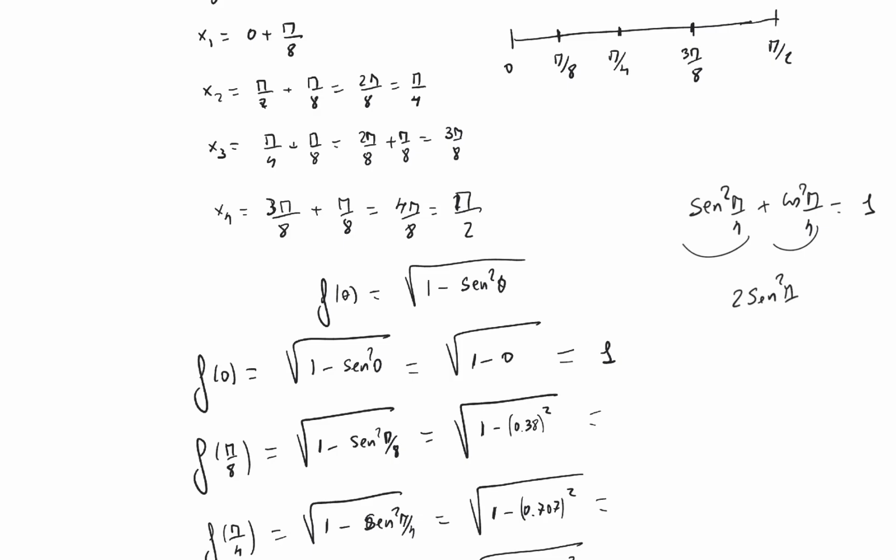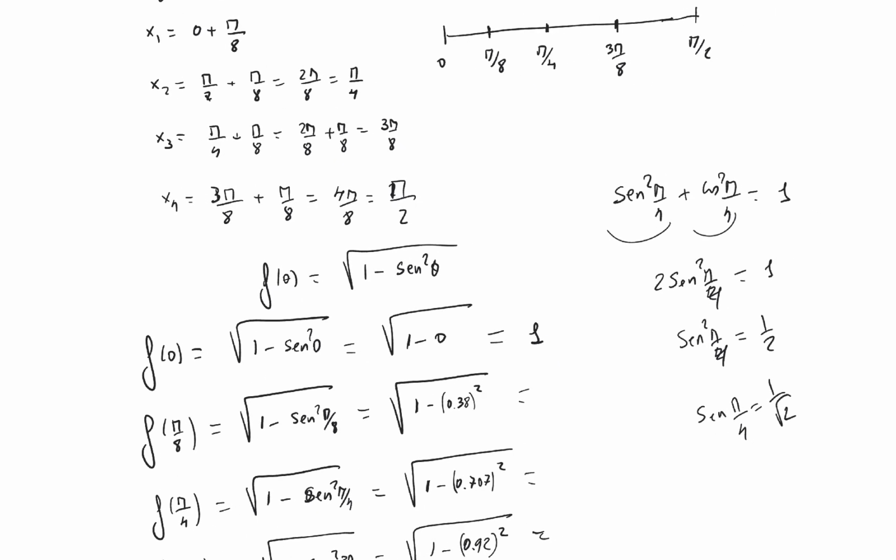So there are 2 times 1. So sine square of pi divided by 4 is 1/2. So sine of pi divided by 4 is 1 divided by square root of 2.